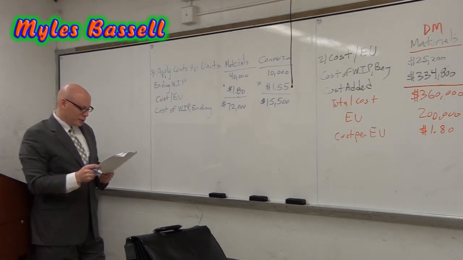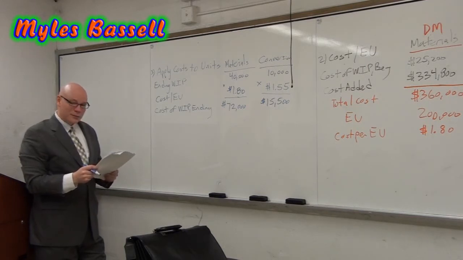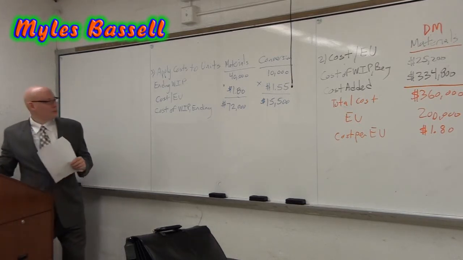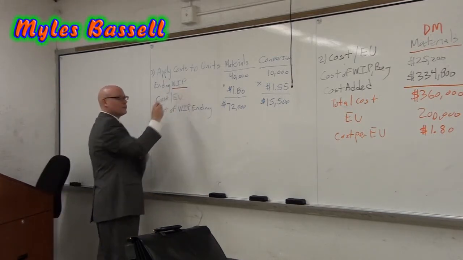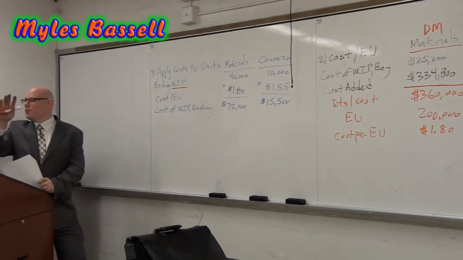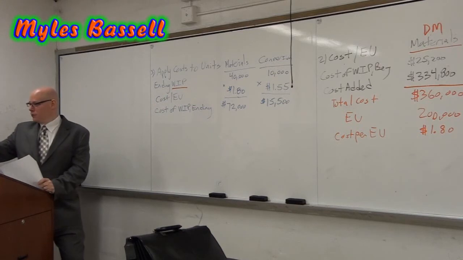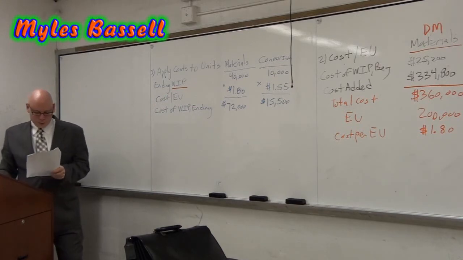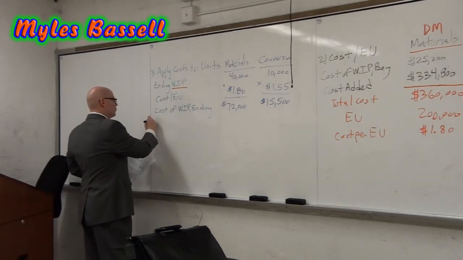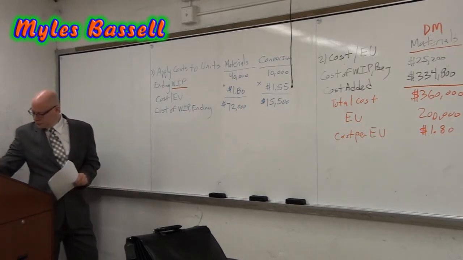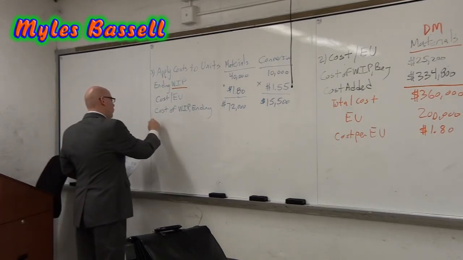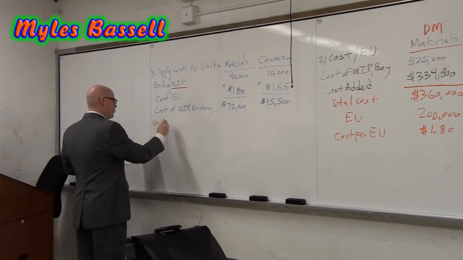All right, we're getting there. This is work in process. Now we're going to talk about the units completed and transferred out. We're told how much that is, but we want to find out the value.